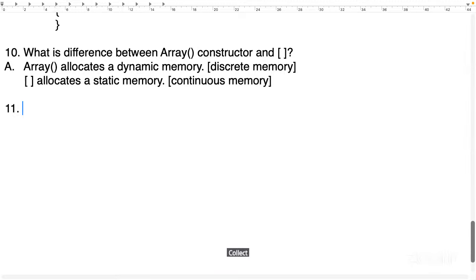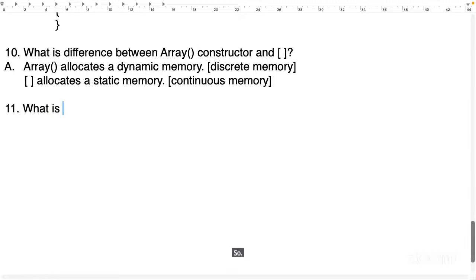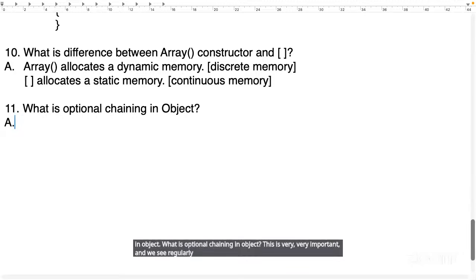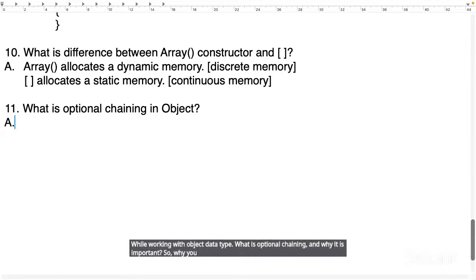Collectively, while working with data types in objects, one more important thing they ask is, what is optional chaining in an object? This is very, very important and regularly asked in interviews. While working with the object data type, what is optional chaining and why is it important? So why do you need optional chaining?